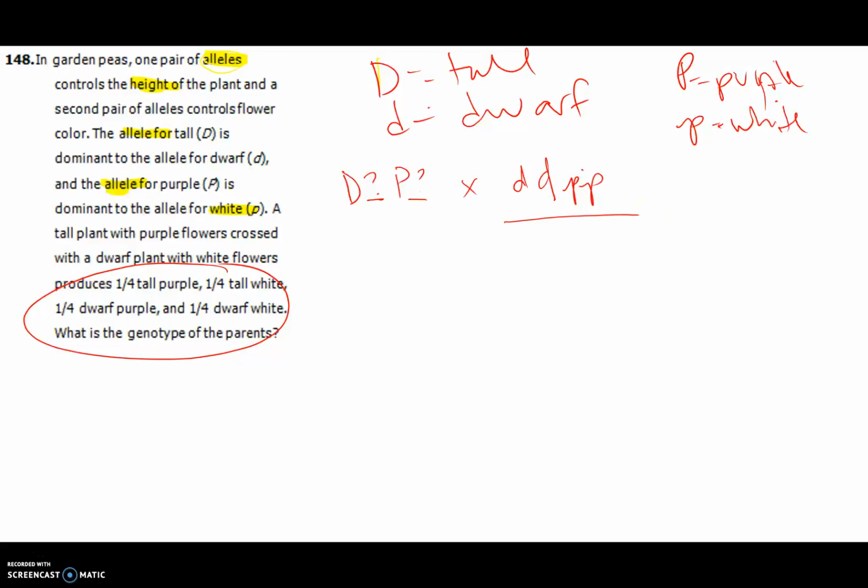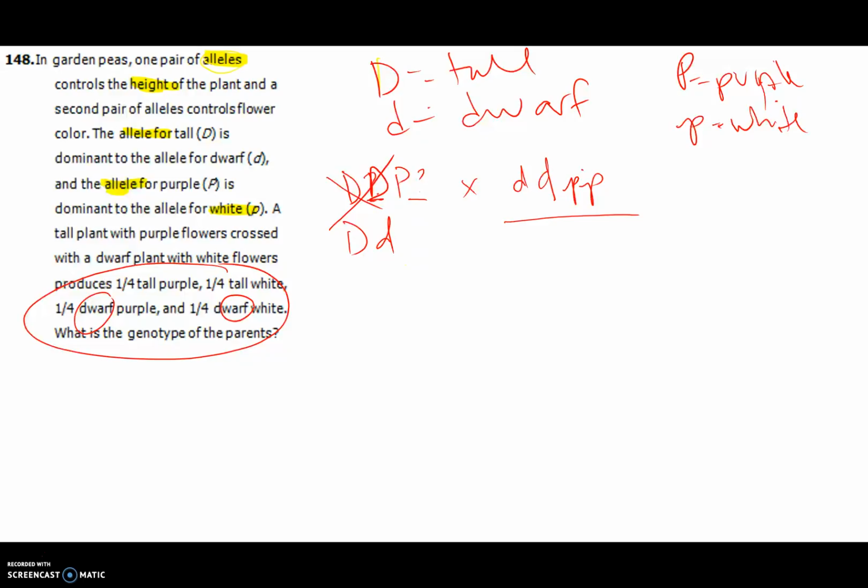equal probability of these offspring, well, I'm going to say that if this was a homozygous dominant, then 100% of the offspring would be tall. And since you see here that you have dwarf offspring, we know this is not possible, that the parent has to be heterozygous.